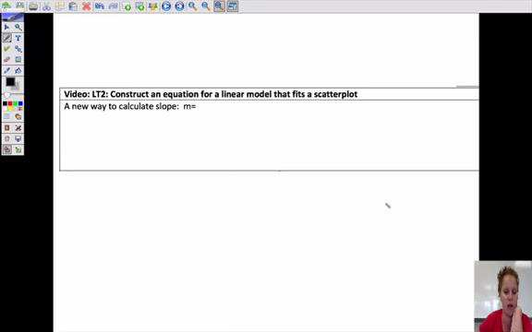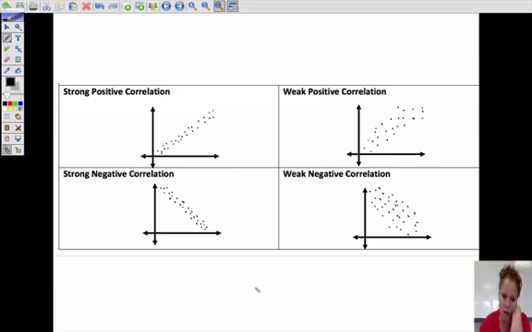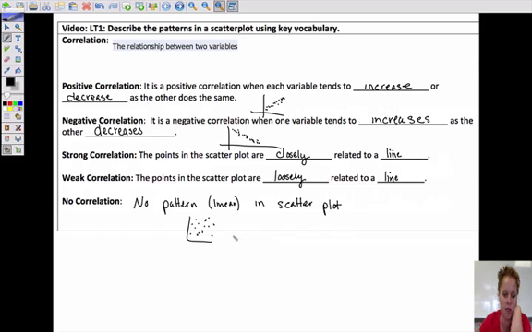And then if you want somewhere in your paper to add no correlation, that's just where there's no pattern. So there's no up or down. We can't tell either. All right, so that's an introduction to LT1.